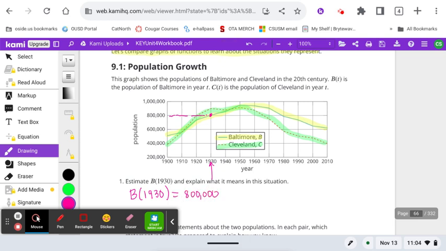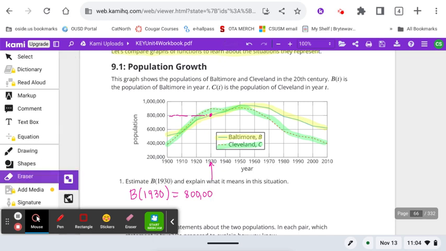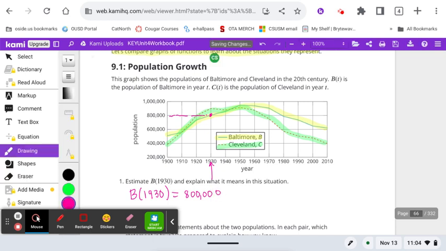And this population is, I guess it's being given to us as just hundreds of thousands already. Okay, now it says to explain what it means in that situation. And we would say in 1930, the population was 800,000. Sorry, the population of Baltimore.